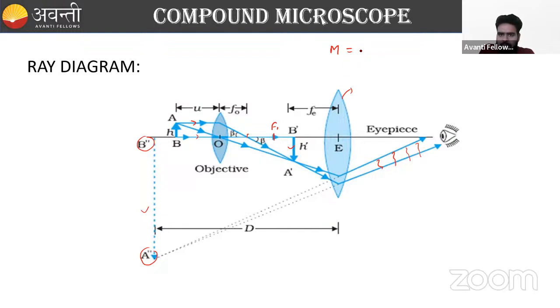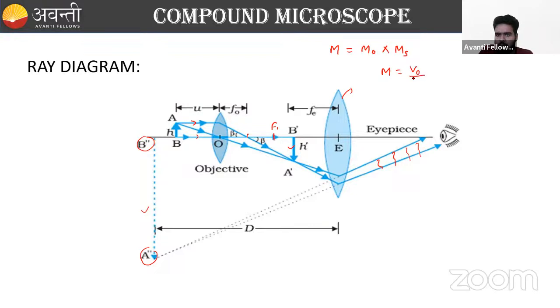So this is our objective lens, and this is our eyepiece lens. Earlier, this was behaving like a simple microscope, and this is the magnification of the simple microscope. Okay, guys, what is the magnification of the objective lens? This is the linear magnification of any convex lens, that is nothing but V by U. Correct. So what is the V for the objective?